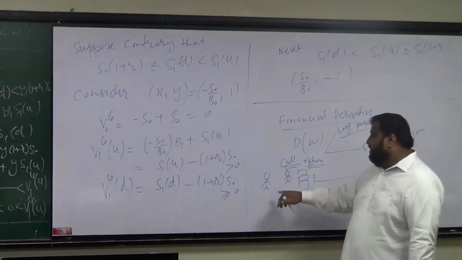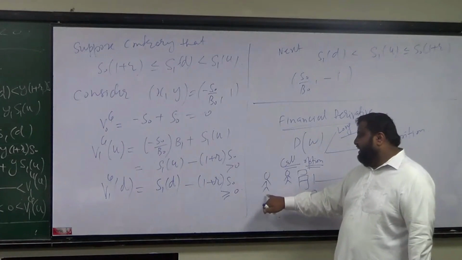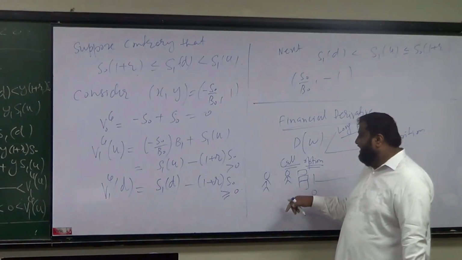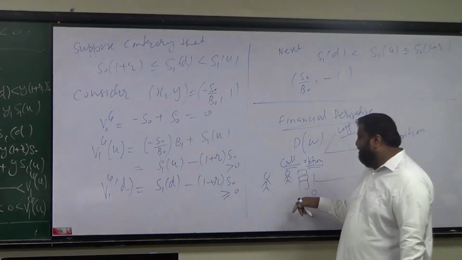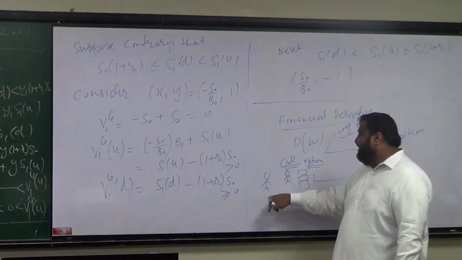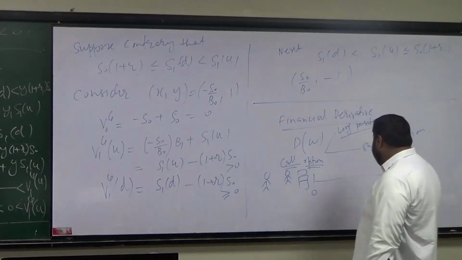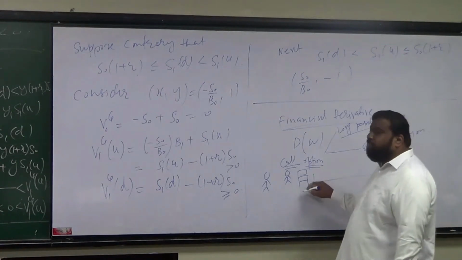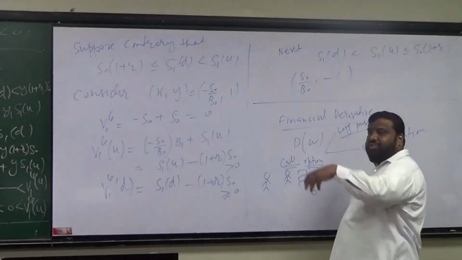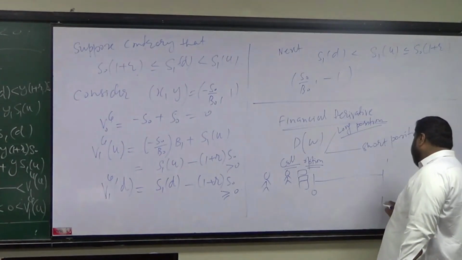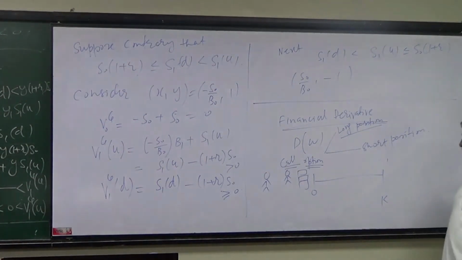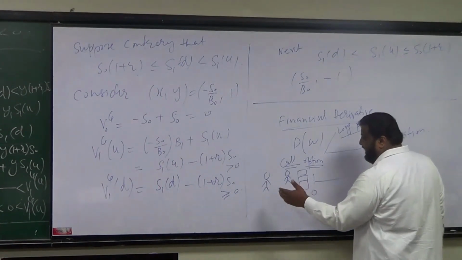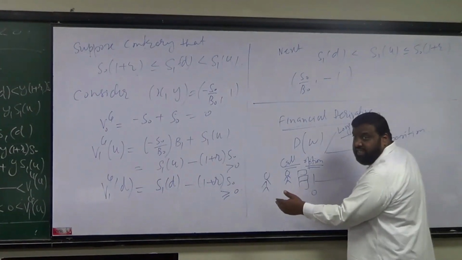So this guy comes to him, and these two, he or she, it's not being gender bias, basically agree with each other that on this date, which is time 1, I'm going to sell this product, the product that I'm going to get in the future, at a specified price, which I call a strike price. Now this strike price is basically settled now, at time 0.